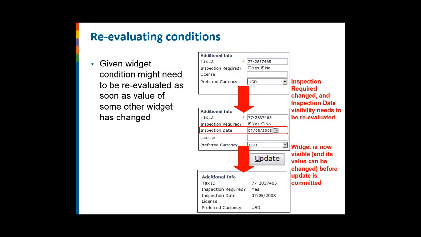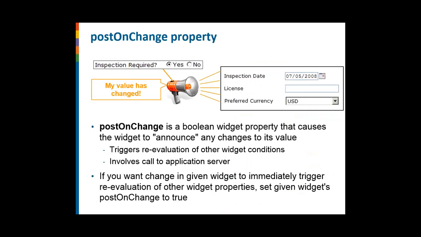So this is what we did in our example, and this is the main property that is notifying the server that my value has changed. So post on change equal to true will refresh the complete page itself again. A new server copy will be generated and sent to the browser.